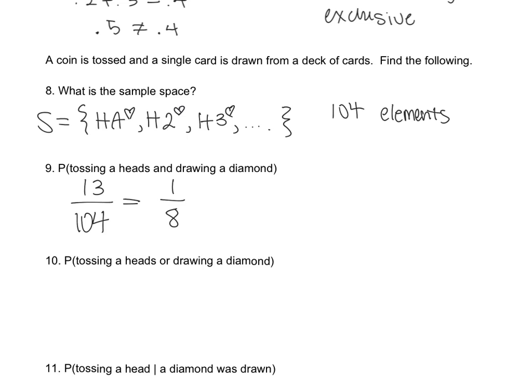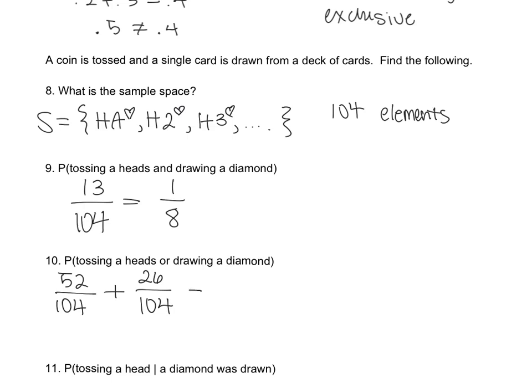For 10, we want to know the probability of tossing a heads or drawing a diamond. So I already talked about the fact that 52 of the outcomes contain the flipping head, so 52 out of 104. For drawing a diamond, there are 13 diamonds that correspond with flipping a head. There are also 13 diamonds that correspond when you flip tails, so that means there are 26 total outcomes that contain diamonds. And then we want to subtract the overlap.